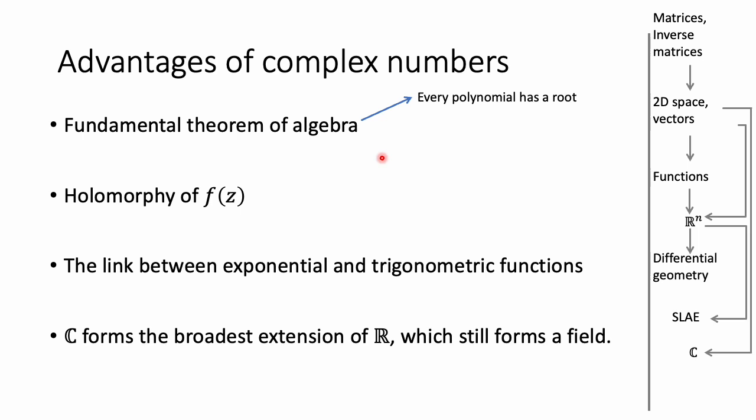It must have at least one root. And in particular, the polynomial x squared plus 1 equals 0 has two roots, positive i and negative i, namely.